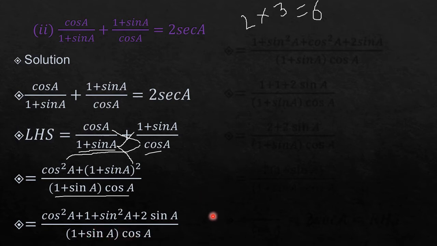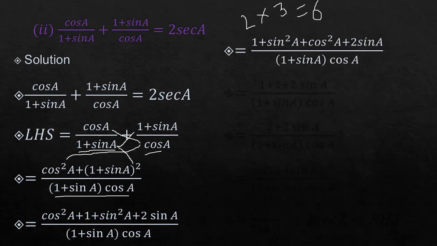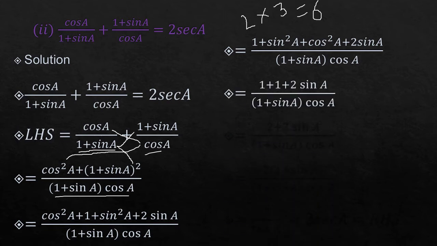Okay, so solve this again. What will you get? You will get 1, this 1 will come to the first place, 1 plus sin square A plus cos square A, rearranging this, plus 2 sin A upon 1 plus sin A into cos A. Now see, from where does this 1 come?